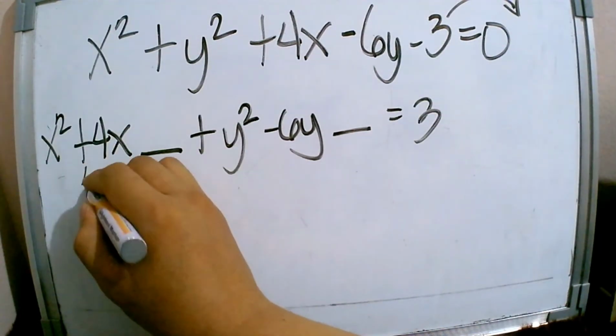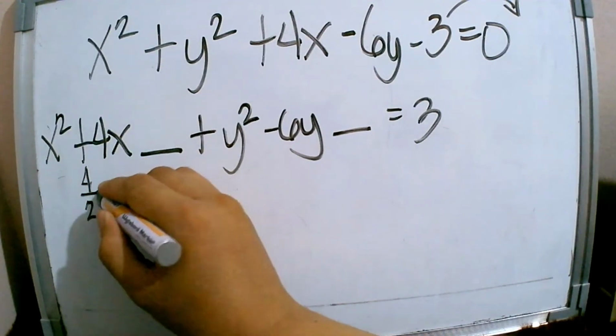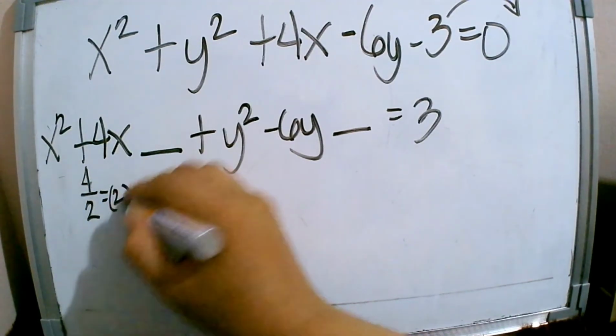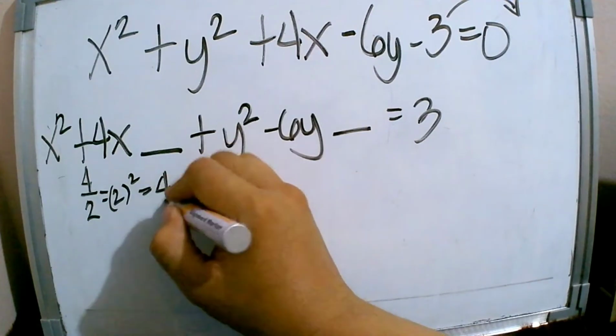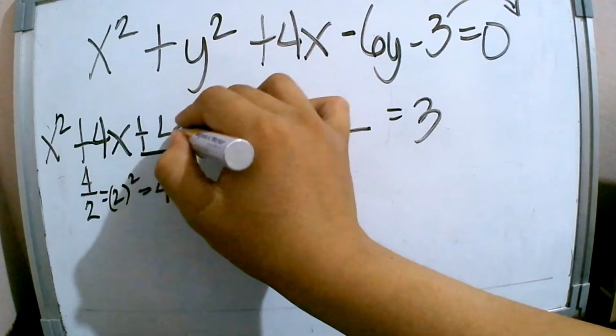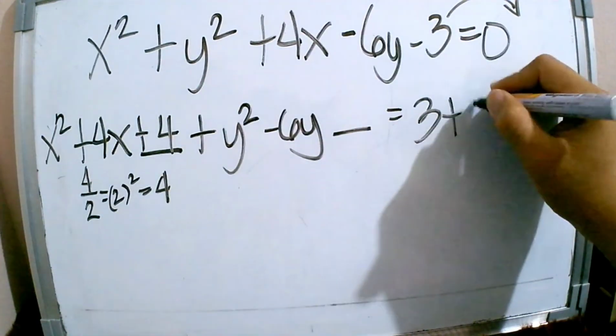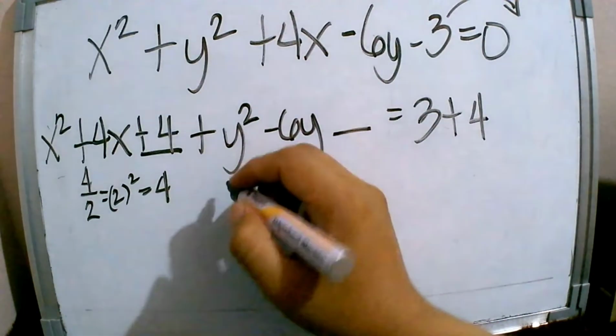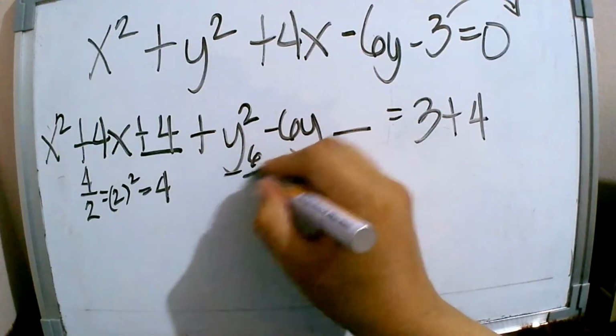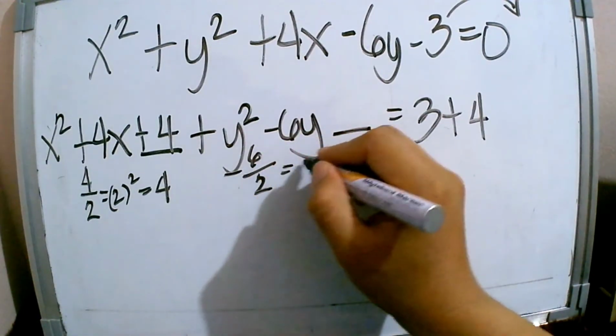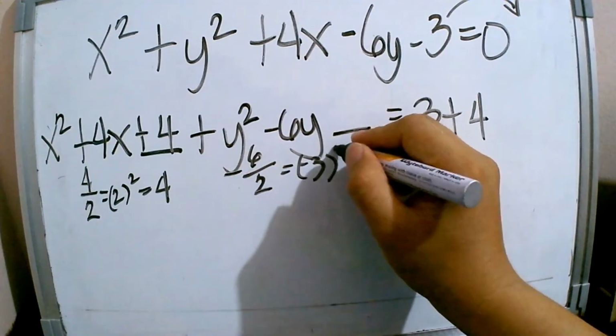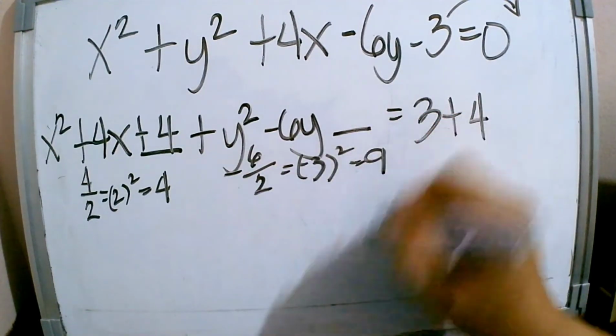Okay, so 4 divided by 2 is positive 2, then squared, so we have positive 4. So add 4 here, then add 4 on the other side. Next, negative 6 divided by 2, so we have negative 3, squared, we have positive 9.